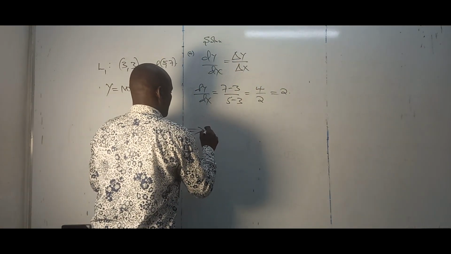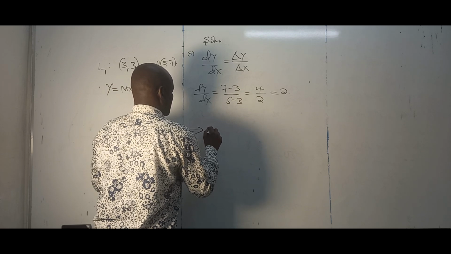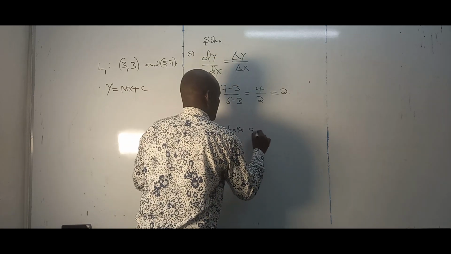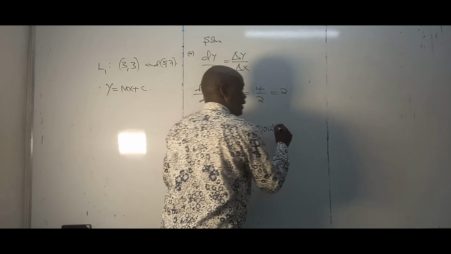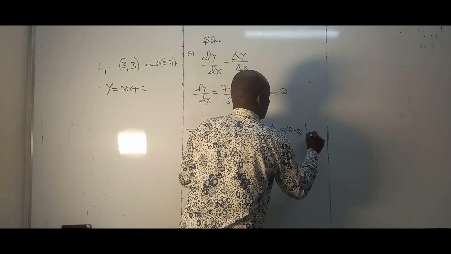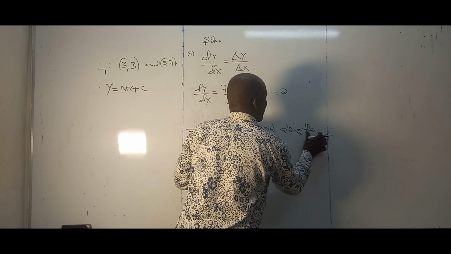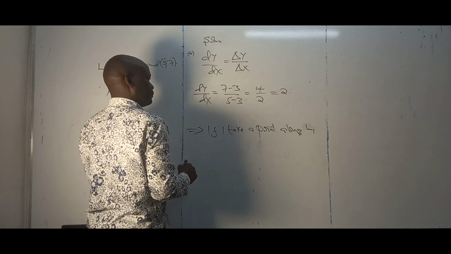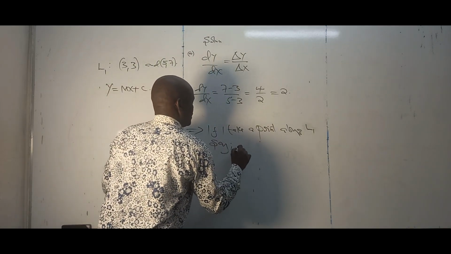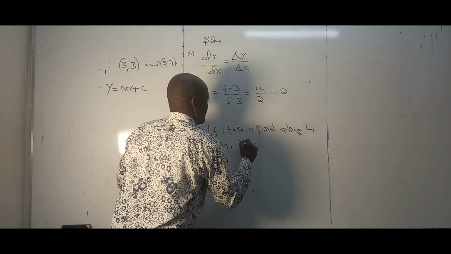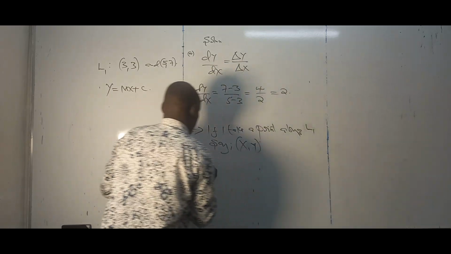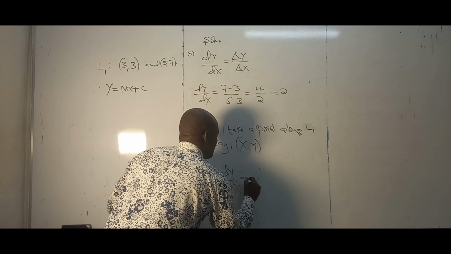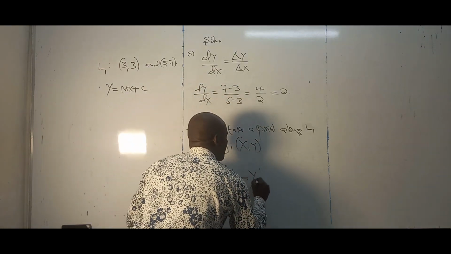If I take a point (x, y) along L1, then the dy/dx will be given by y minus any point.